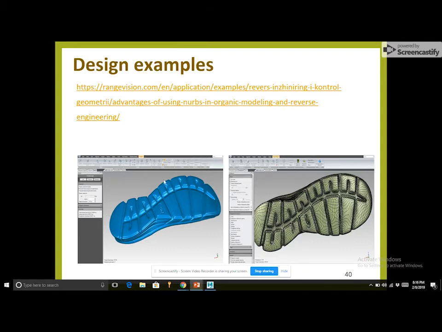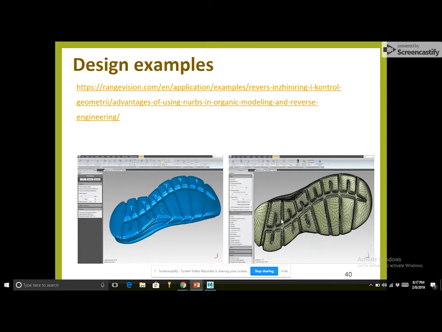So when they had to design a shoe, they imported the existing shoe image and placed the control points by taking this shoe as reference, and they corrected the flaws in the previous shoe design, and they were able to achieve this with NURBS curves within 4 hours.